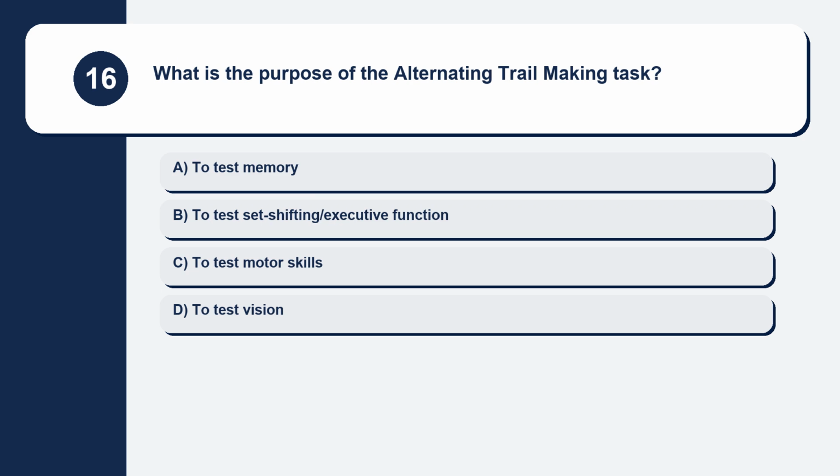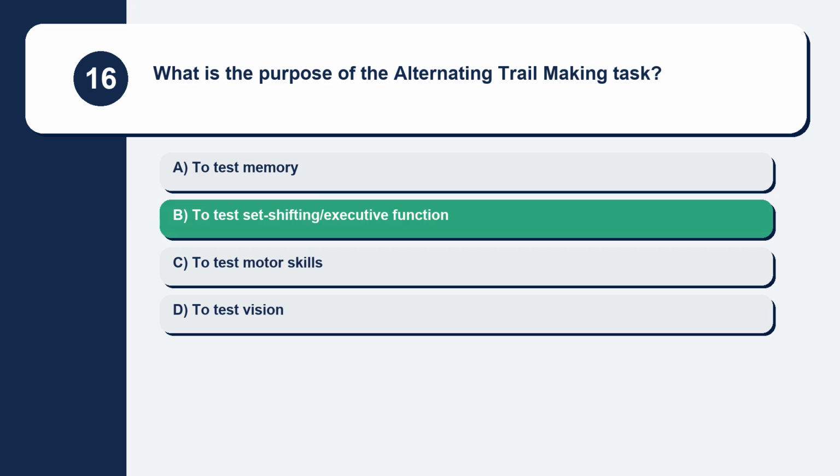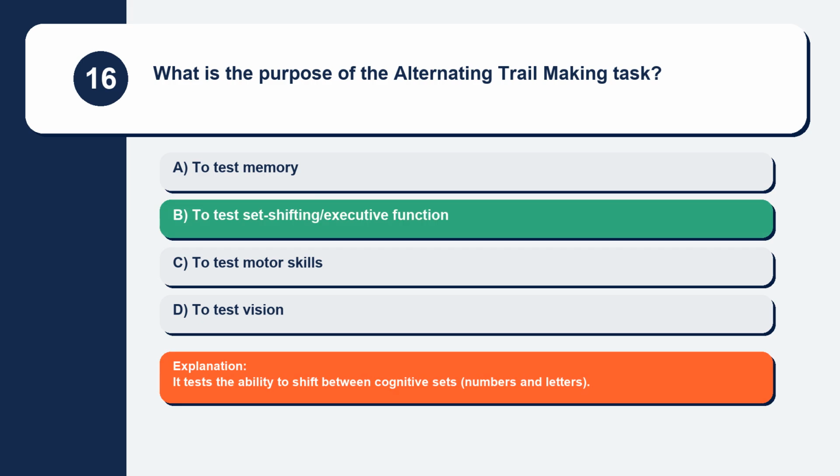Question 16. What is the purpose of the alternating trail making task? To test memory. To test set shifting/executive function. To test motor skills. To test vision. It tests the ability to shift between cognitive sets, numbers and letters.